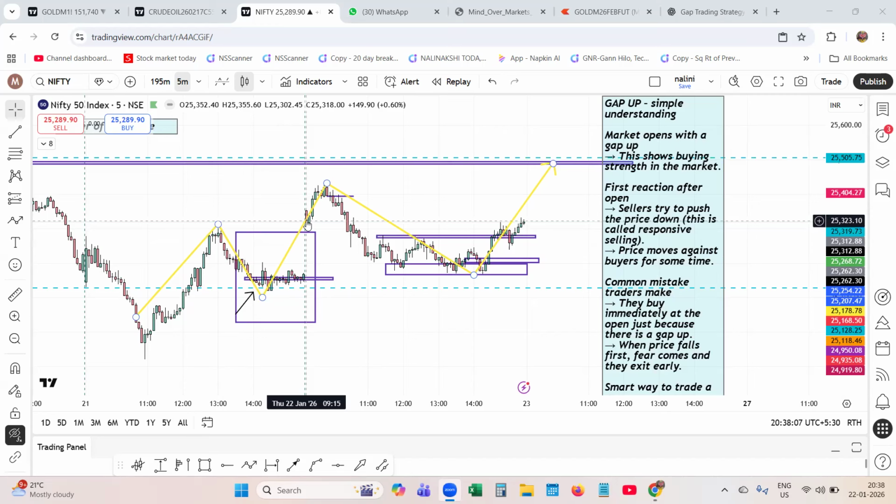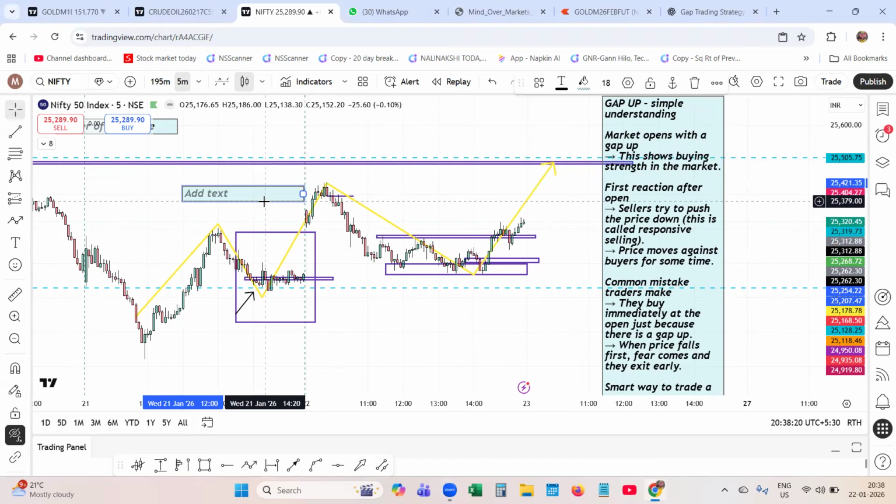First reaction after the open, you can see sellers try to push the price down. This is called responsive selling. That's what happened in the market on Nifty.